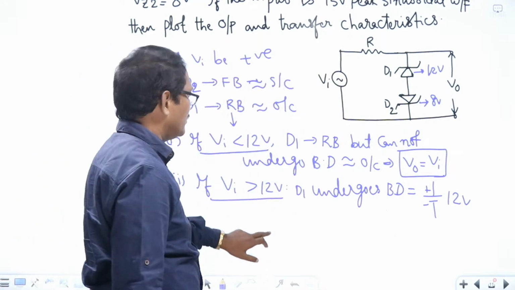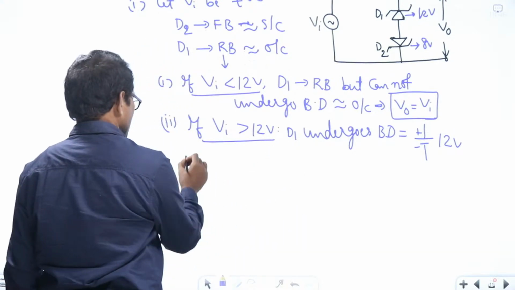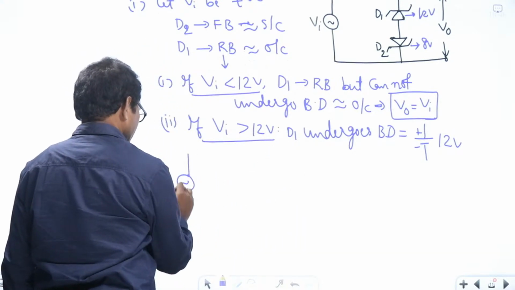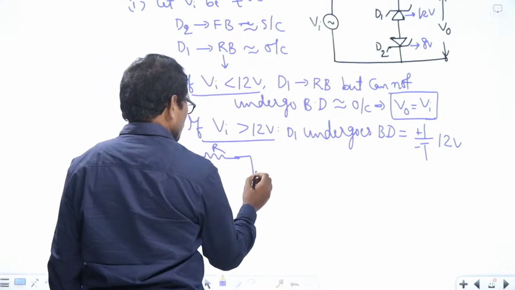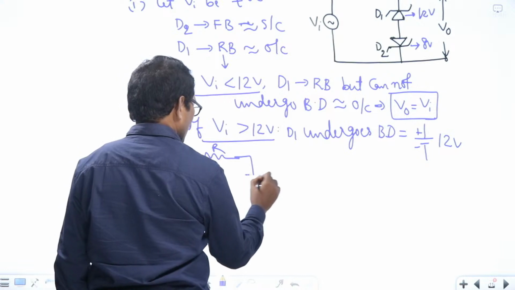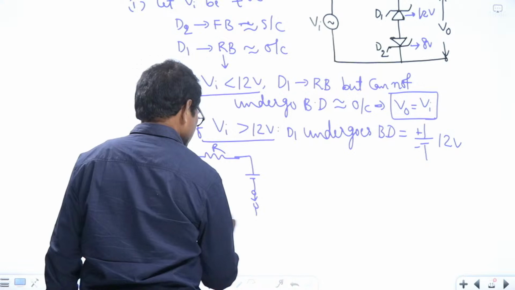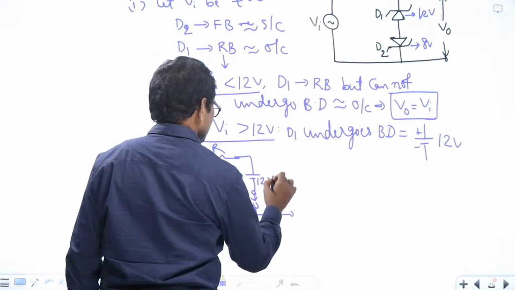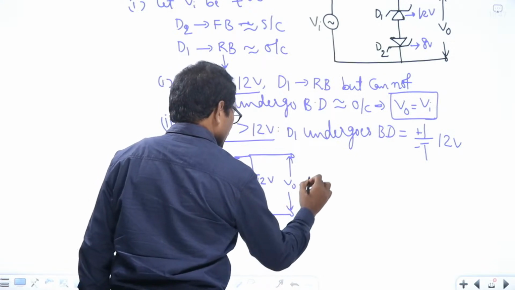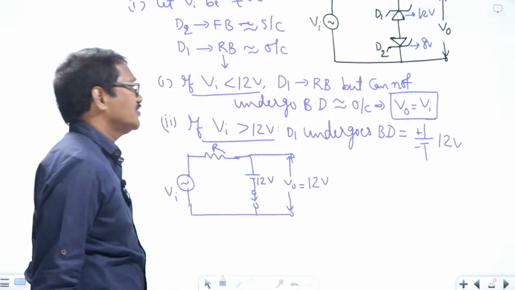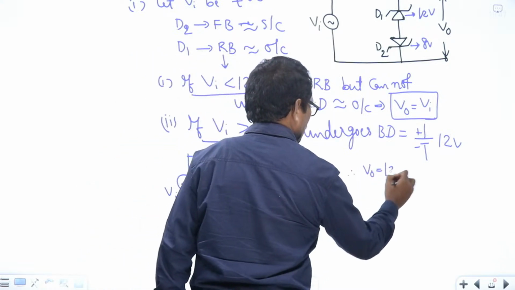Hence the equivalent circuit is VI and R, with a battery of 12 volts, and D2 is replaced by a short circuit. Now the output voltage is equal to 12 volts, and hence VO is equal to 12 volts.